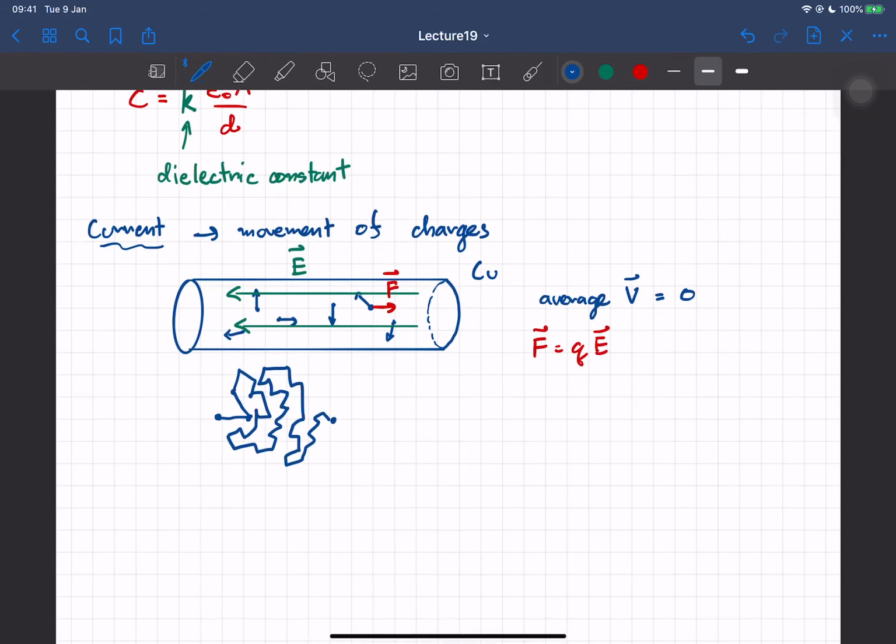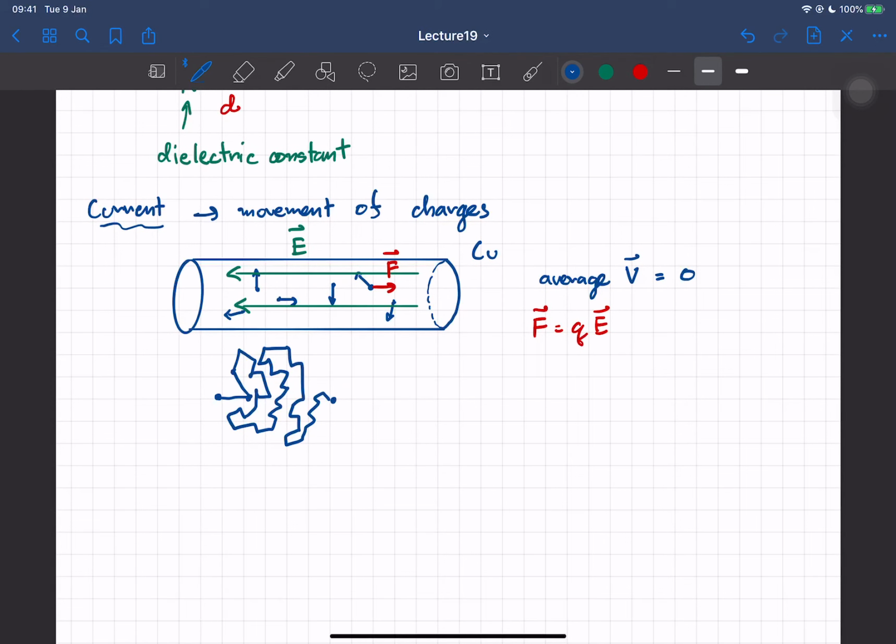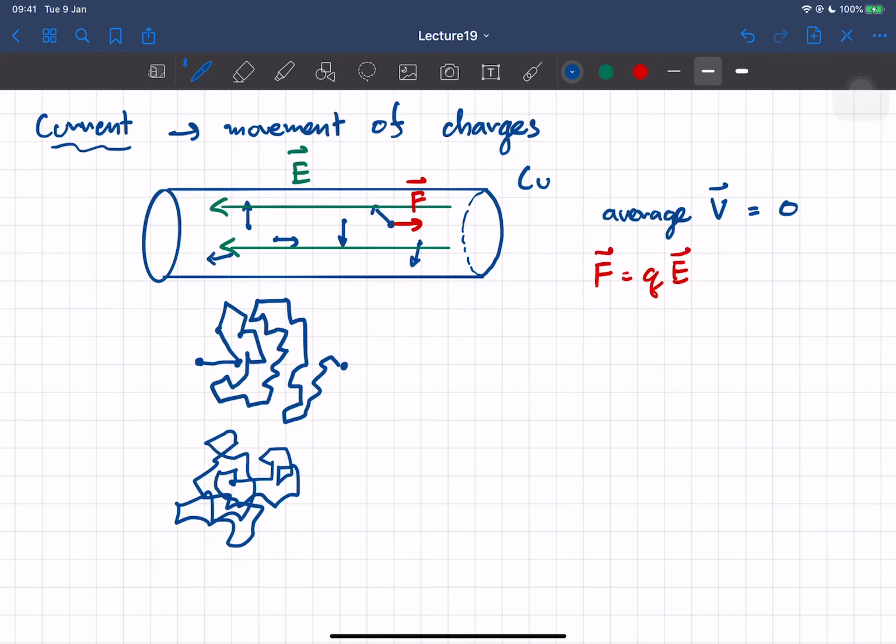But if you don't put any electric field inside this material, electrons still move randomly, but the movement of the electron in that case will be random such that on average it is back to the original position, like this. I might be drawing this in a really bad way, but I hope you see what I'm trying to say. This is the initial point here, this is the final point here, right?